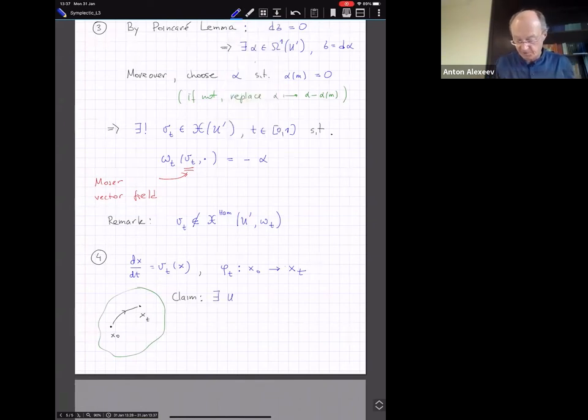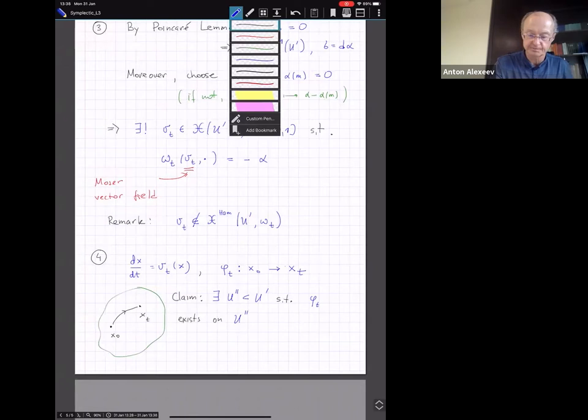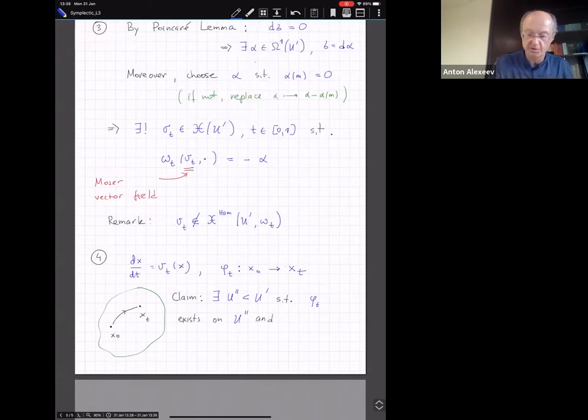So there is a possibly again smaller neighborhood u double prime, which is inside u prime, such that phi t exists on u double prime, and the image of u double prime is sitting inside u prime.